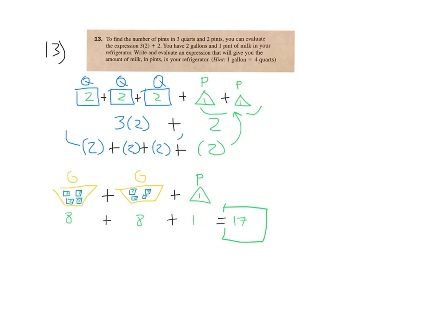The pure algebra approach would be something along the lines of really just recognizing, based off of the first sentence, that 1 quart is equal to 2 pints. So you could literally write that 1Q equal to 2P. And then you could say, all right, well, 1 gallon is 4 quarts, and we want to study 2 gallons and 1 pint.